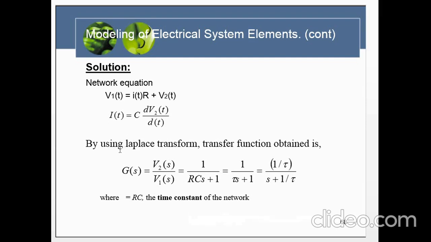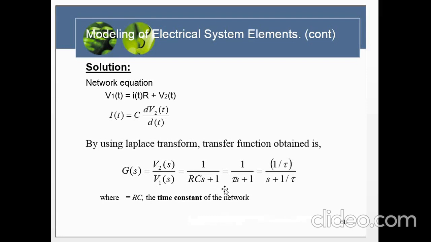Okay, and then by using the Laplace transform, the transfer function of the system, we can get as follows. G(s) is equal to V2(s) per V1(s), the output per input. It is equal to 1 per RCs plus 1.